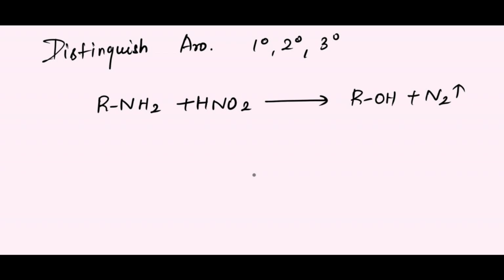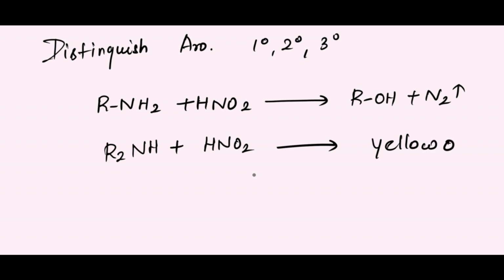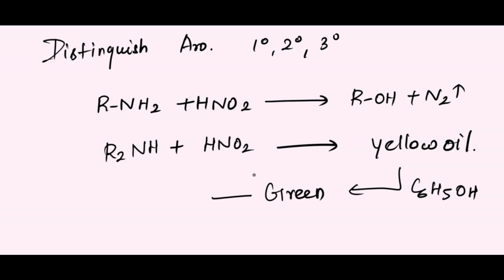Similarly, R2NH with HNO2 forms a yellow oil. I told you, right? Yellow oil. And again, if I am treating it with C6H5OH phenol, it will produce a green color solution, and in basic medium it gives deep blue.